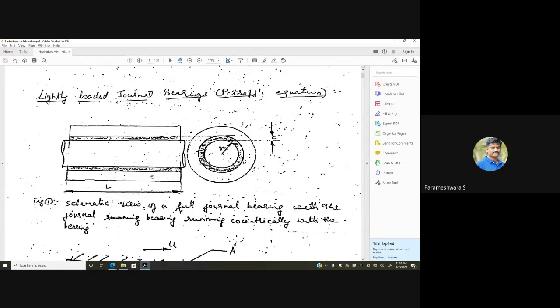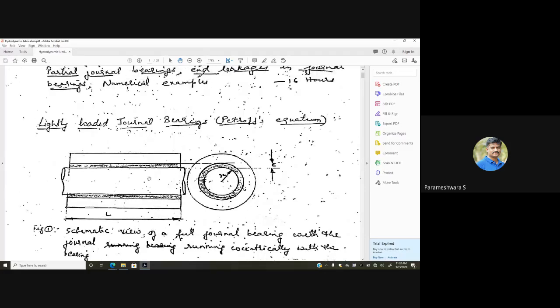When this journal rotates at some RPM, the hydrodynamic action created by the convergent and divergent fluid film within the bearing is sufficient to lift the journal, and the journal runs concentrically with the bearing block.